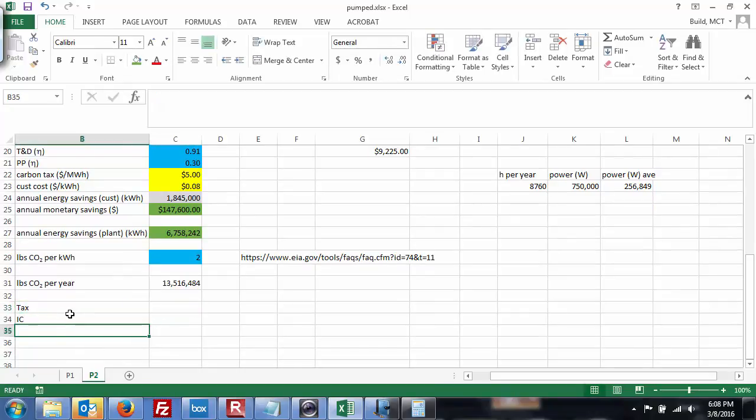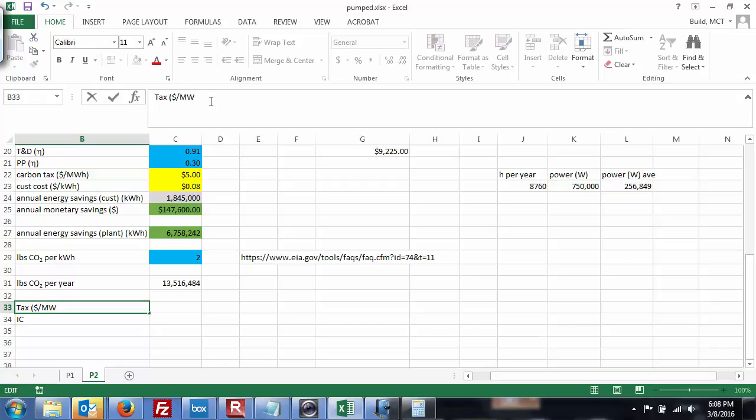IC. So the tax was going to be equal to, what was the value? It was $5 per megawatt hour. So we're looking at dollars per megawatt hour. 5.